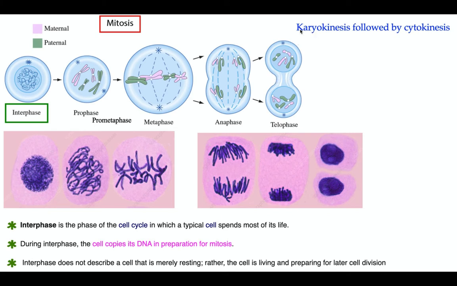Karyokinesis means division of the nucleus, and cytokinesis means apart from the nucleus, the cytoplasm and other organelles will be divided. Some scientists say that cytokinesis is part of mitosis, some say it is outside mitosis. But in our textbook, it is inside the mitosis. So we shall study like that.